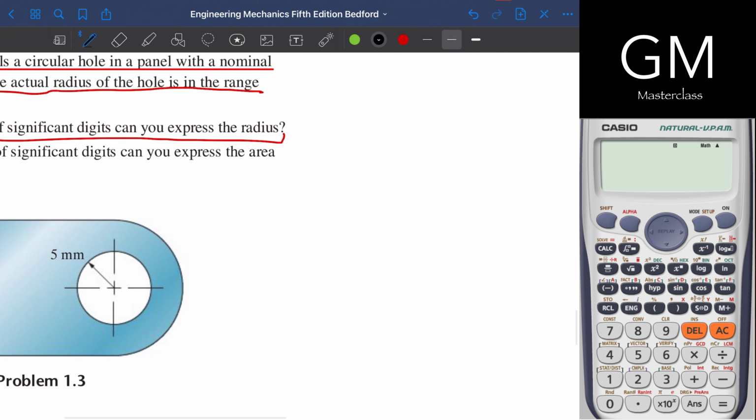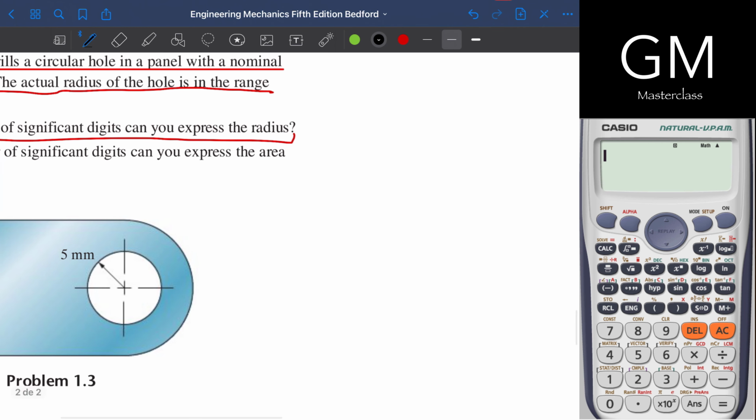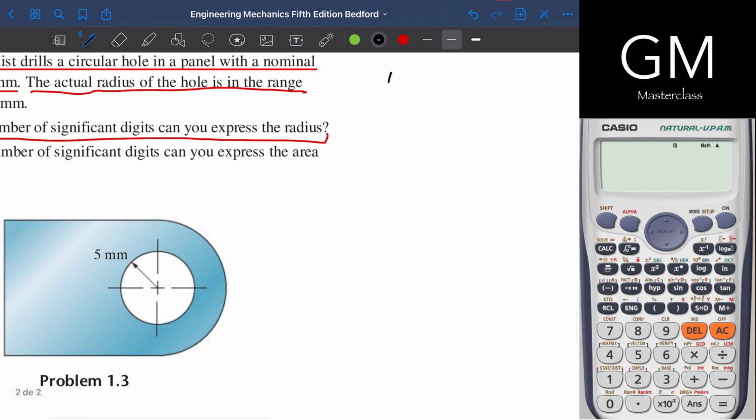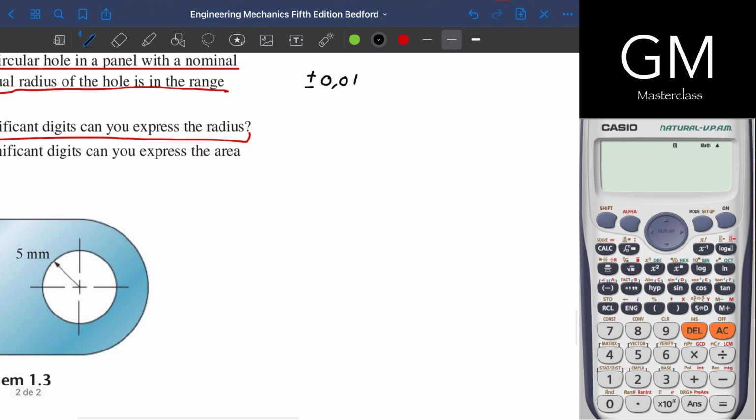So we have to take into account the tolerance of the hole, which is plus or minus 0.01 millimeters. So the values that the radius of the hole could get are between 4.99 and 5.01.